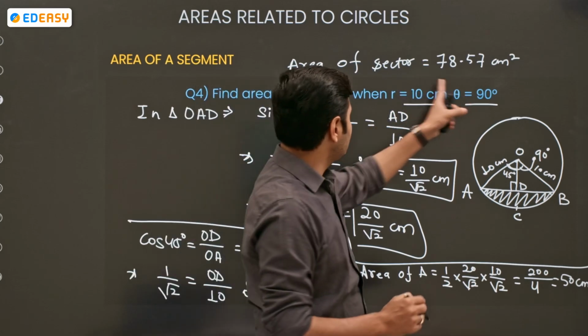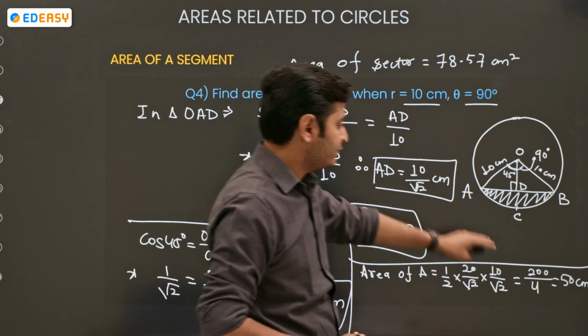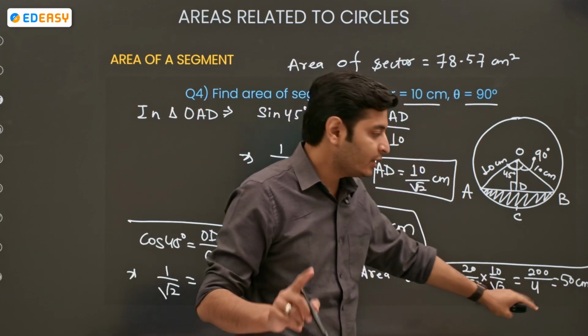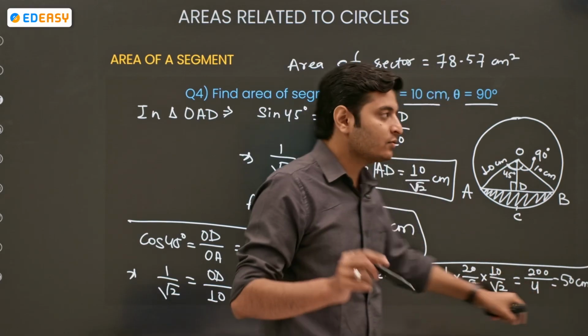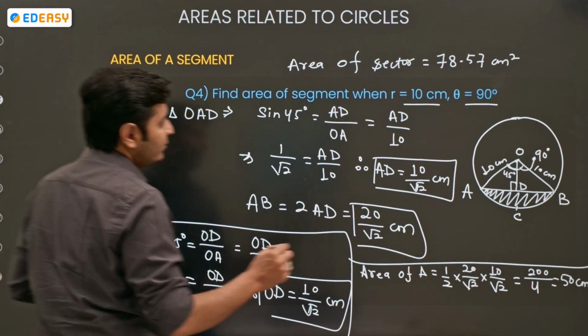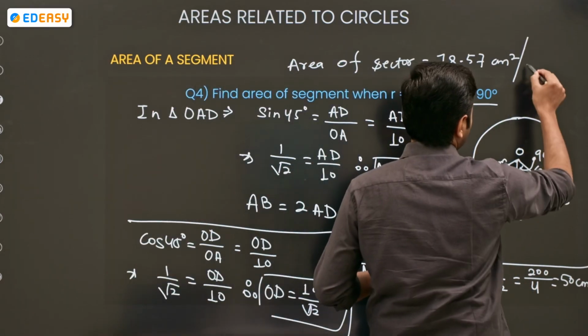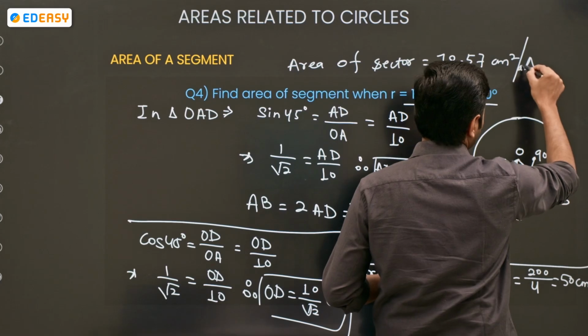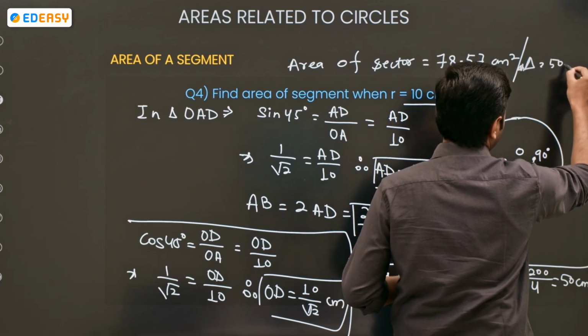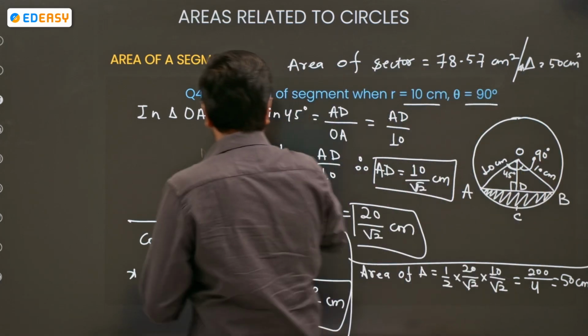We know the area of sector 78.57. We know the area of this triangle 50 centimeter square. So now let me write, area of triangle 50 centimeter square. Now let me erase this.